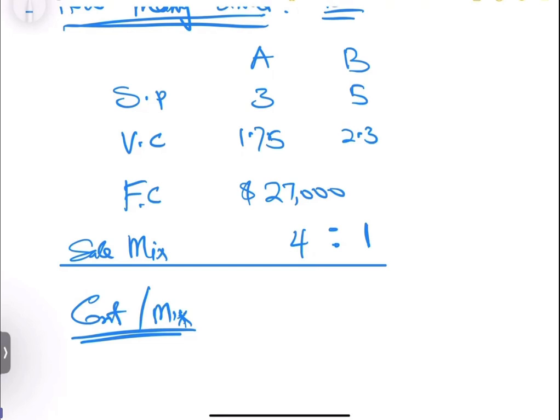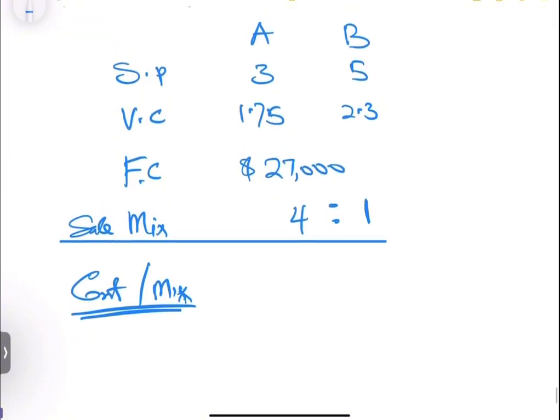Then we have the total contribution for 1 mix. So the next thing we need to do is get our contribution per unit still. For A, that will be 3 minus 1.75, that's 1.25. And for B, 5 minus 2.3 will be 2.7.